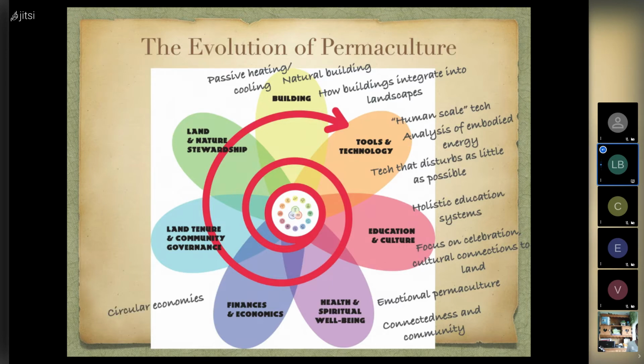The next petal is finances and economics. So there's a concept of circular economies, which is often talked about in permaculture, where you design an economic system or a piece of an economy that ensures that money or economic energy cycles in a community rather than always leaking out. A good example of this is community currencies.